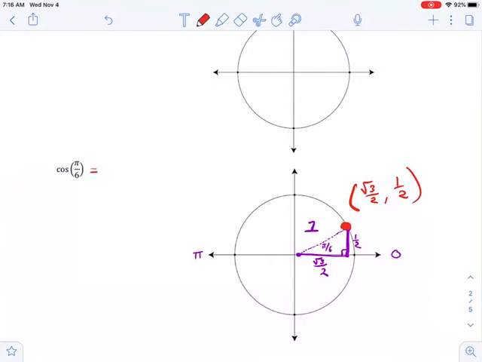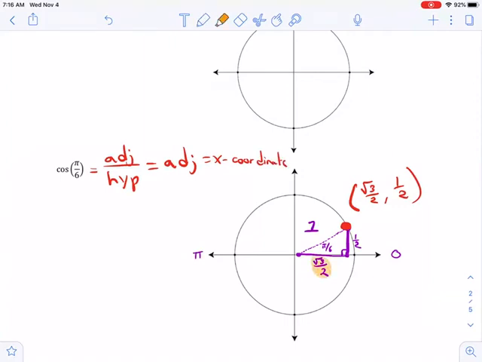Similarly, if I go back with cosine to the original understanding of it, this is adjacent divided by hypotenuse. But since we're on the unit circle, our hypotenuse is 1, so we don't need to do that. And we just end up with the adjacent side. This can be given by the x-coordinate, right?